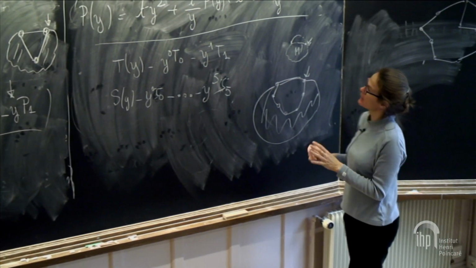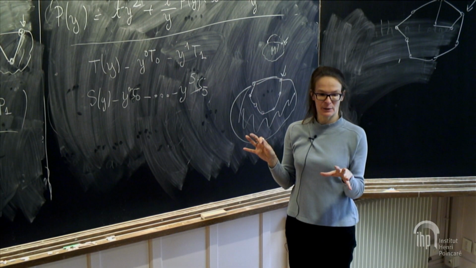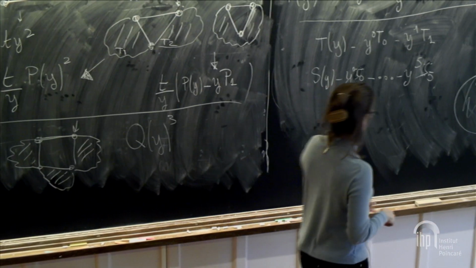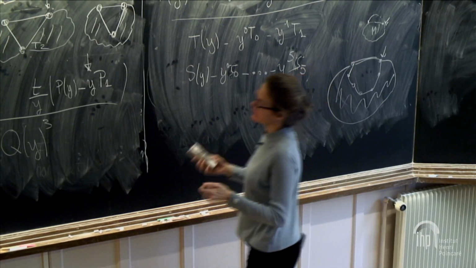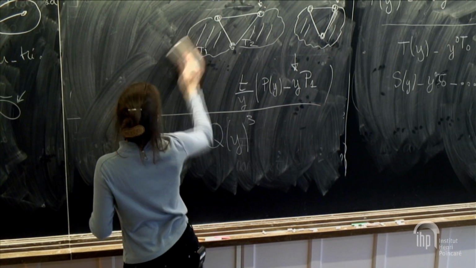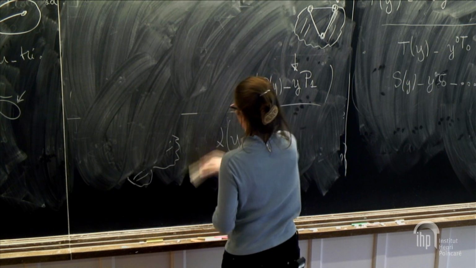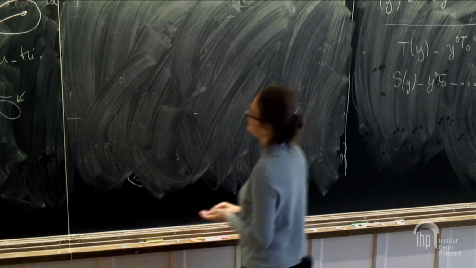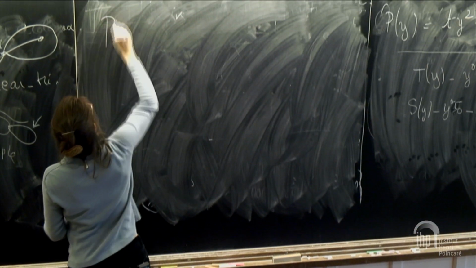So what I want to say is that we've seen a few examples of these equations, but in general, what you obtain from this kind of construction is an equation of the following form.